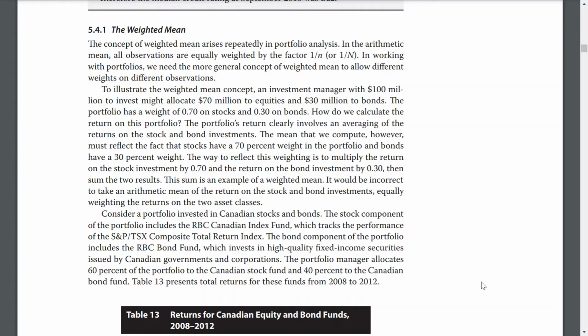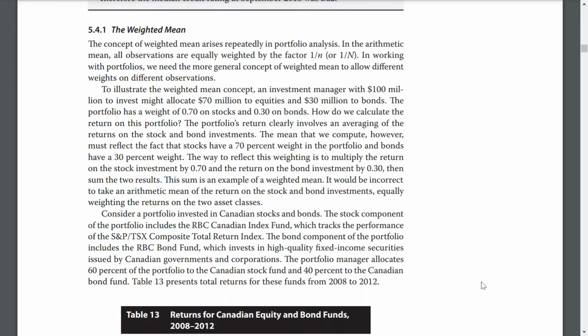How do we calculate the return on the portfolio? The portfolio's return clearly involves an average of the return on the stock and bond investment. The mean that we compute, however, must reflect the fact that the stock has a 70% weight in the portfolio and bonds have a 30% weight.